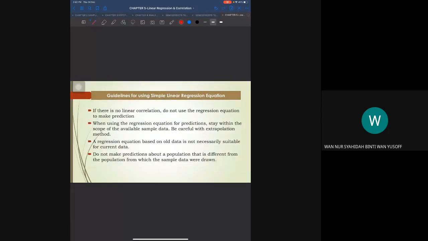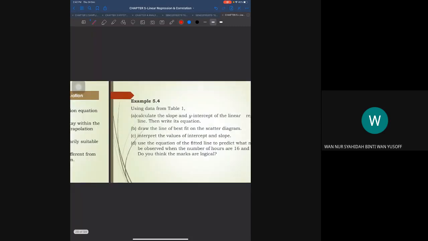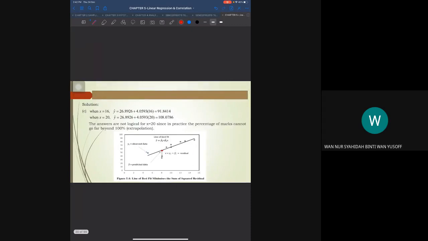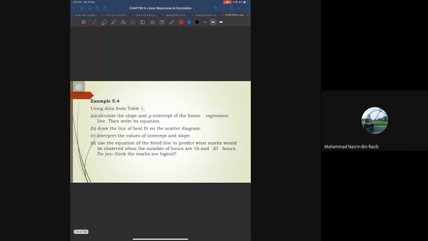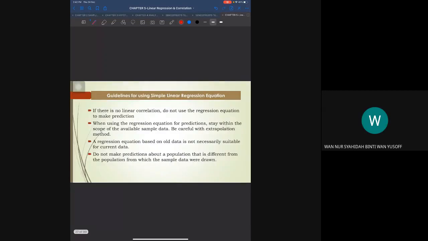Guideline of using the simple linear regression equation. Any questions so far? So far, not at all. Okay. Guideline means the conditions where we cannot use the regression.